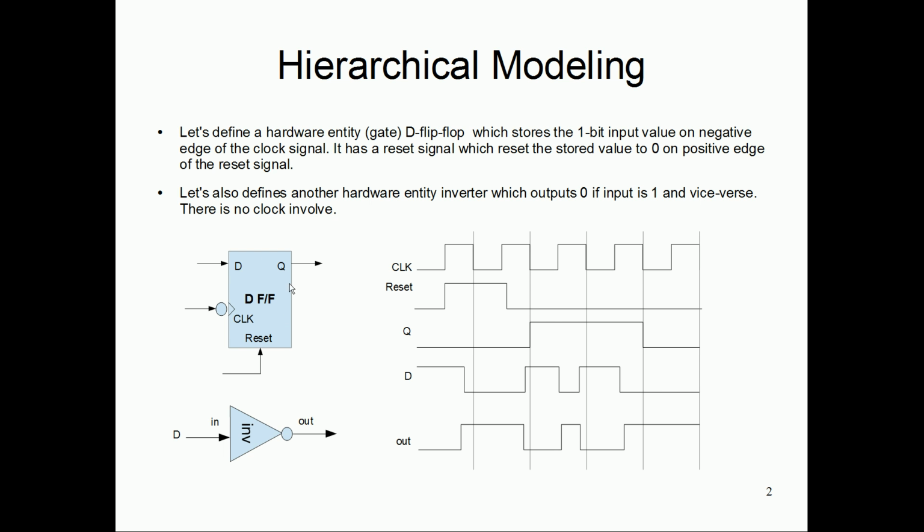The important part is that I have an entity D flip-flop which has inputs D, clock, and reset, and an output Q from that entity. So essentially it means with certain logic values on the inputs D, clock, and reset, we can expect a certain output from this entity at Q.